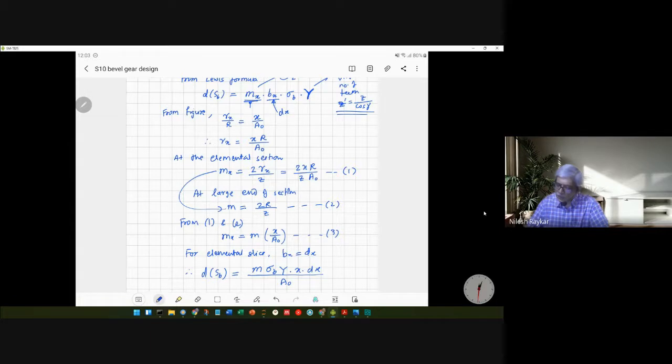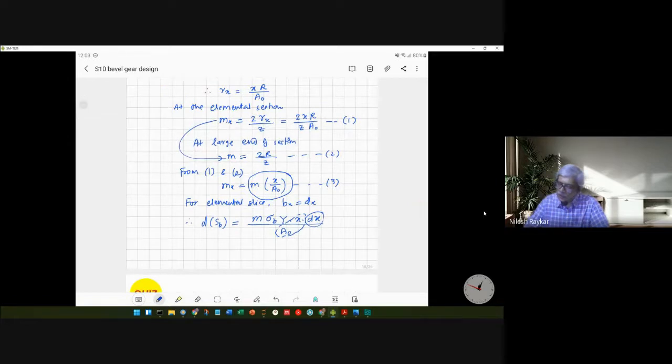What I have substituted is, instead of Mx, I am writing m into x by A naught. So this x by A naught is coming here. And instead of Bx, I am writing dx. So that is the expression we got.